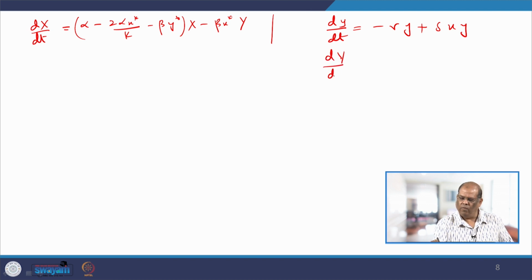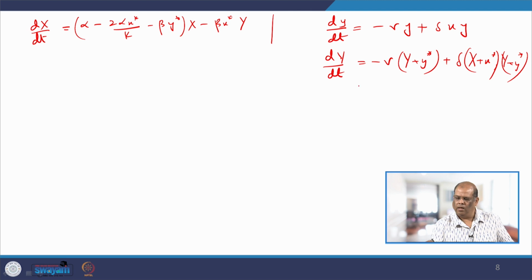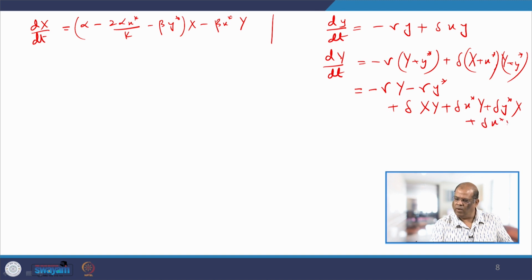So, this will be dy dt is minus gamma y plus y star, plus delta x plus x star y plus y star. So, I simplify: minus gamma y star plus delta x y plus delta x star capital Y plus delta y star capital X plus delta x star y star.